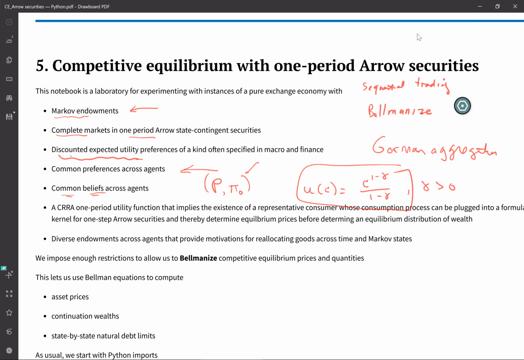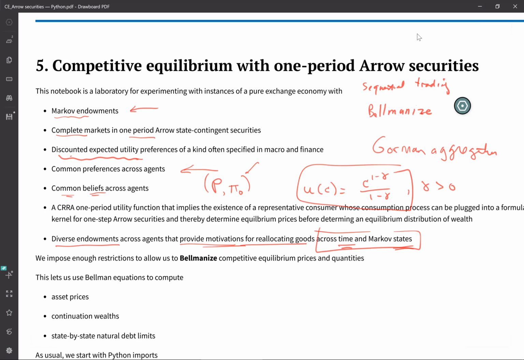We're going to have diverse allocations. People are going to have different allocations, and that's going to provide motivation for reallocating goods. Reallocating goods, what does that mean? Across time and across Markov states. That's the whole idea of trade in this pure exchange economy.